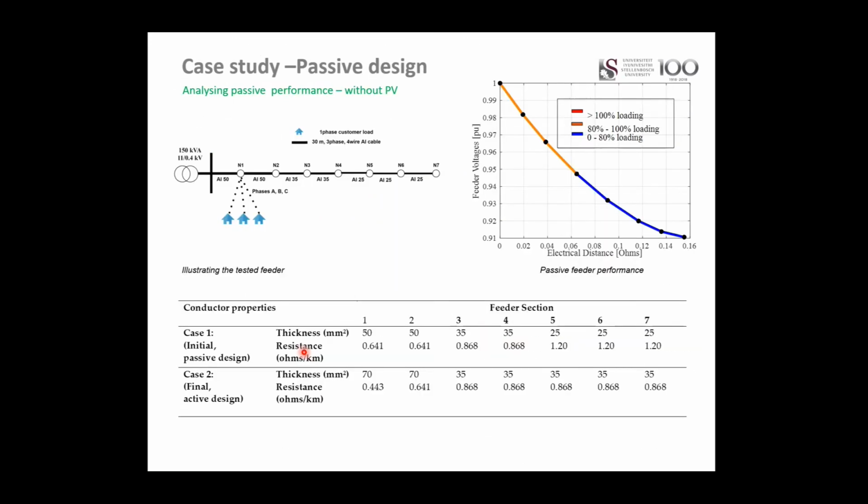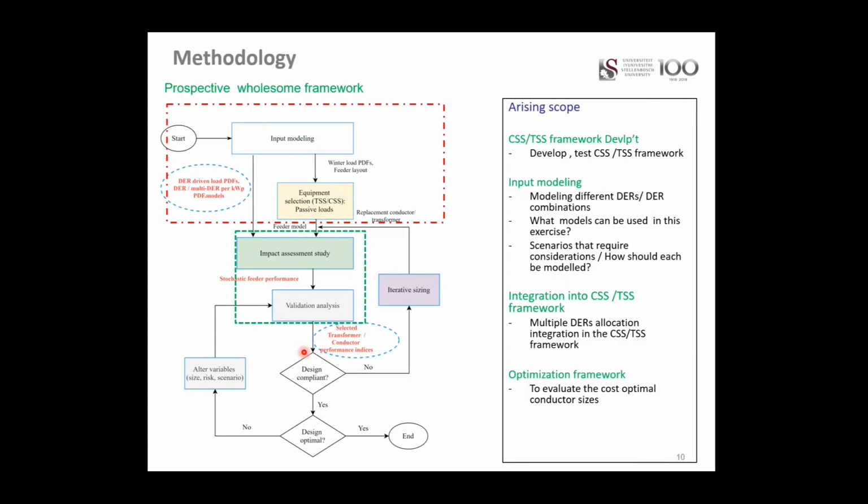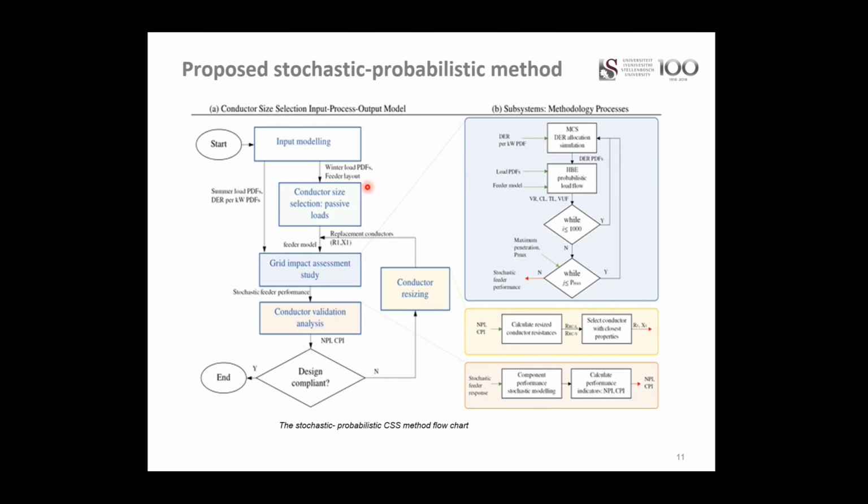So basically, if we go back to our model, maybe that's where I need to explain a bit of this. In your winter load, PDFs are basically used in checking the compliance of your initial feeder. But in the grid impact assessment study, you're using your summer load PDF and your DER per kilowatt PDFs, which means at this point, what we are evaluating is as your generation is increasing at the lowest point of consumption.